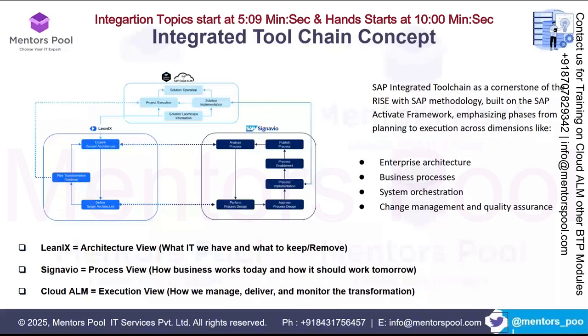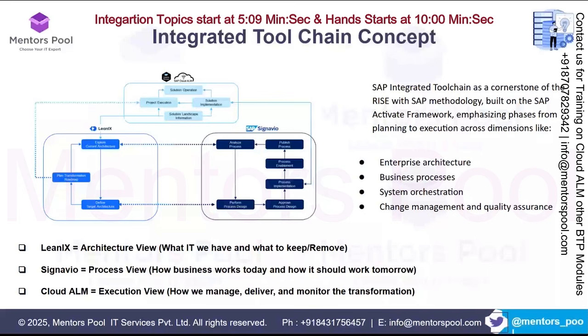So SAP, keeping this in mind, released an integrated set of tools under the SAP Open Integration Framework, which helps customers align the transformation lifecycle right from analysis and planning to execution.